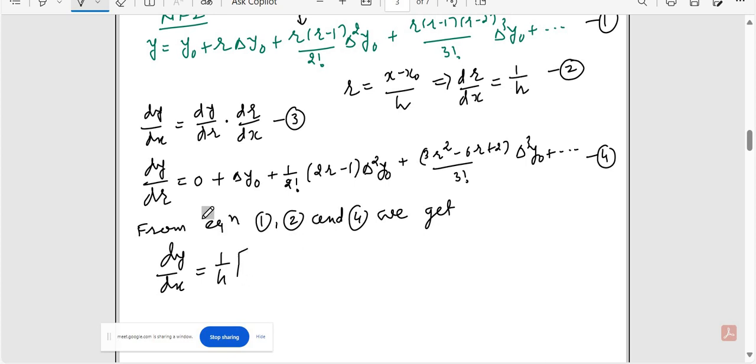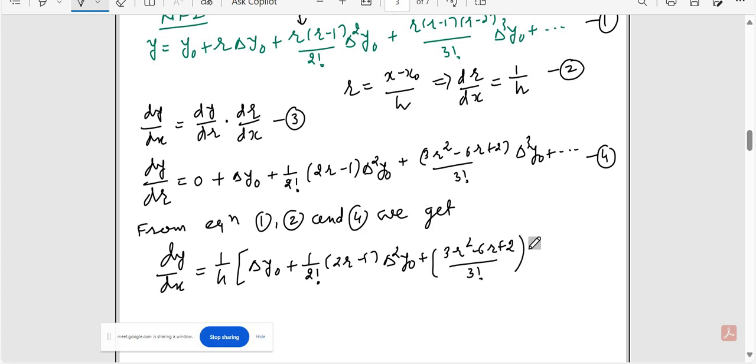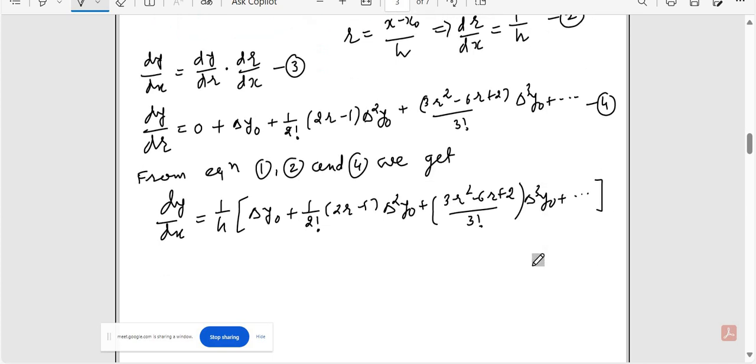So 1 by h into the whole expression: delta y0 plus 1 by 2 factorial (2r minus 1) delta square y0 plus (3r square minus 6r plus 2) divided by 3 factorial delta cube y0 and so on. This is our general expression for dy by dx.